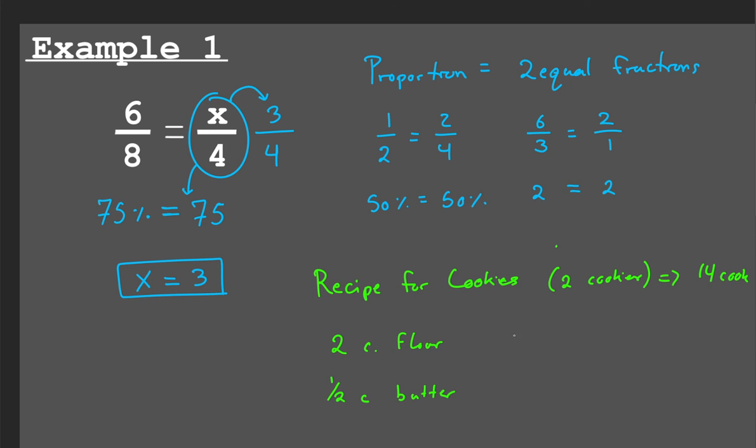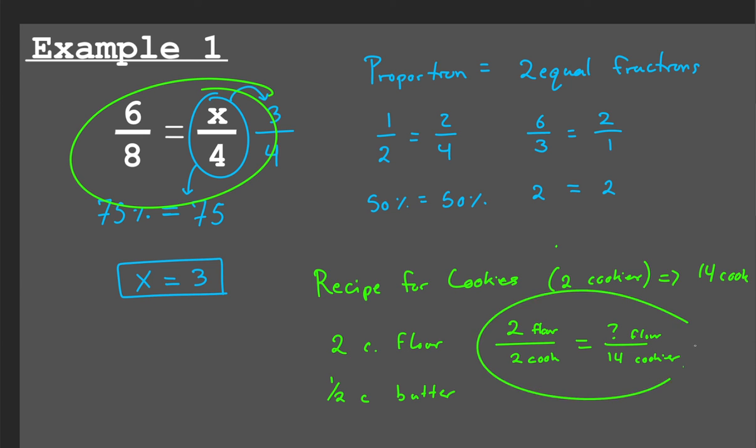We could say, hey, it takes 2 cups of flour for 2 cookies, how many cups of flour do I need for 14 cookies? And just like that, we have a very similar setup right here, right? A known fraction, a semi-known fraction, a known fraction, a semi-known fraction.